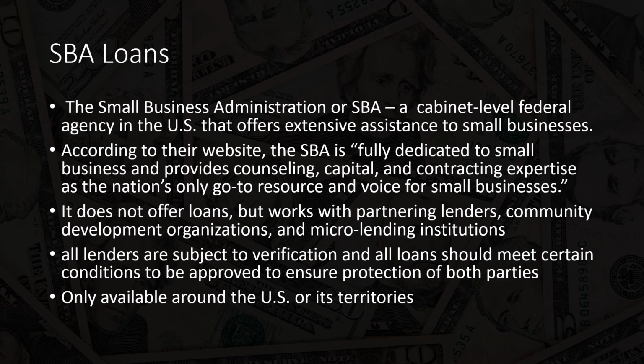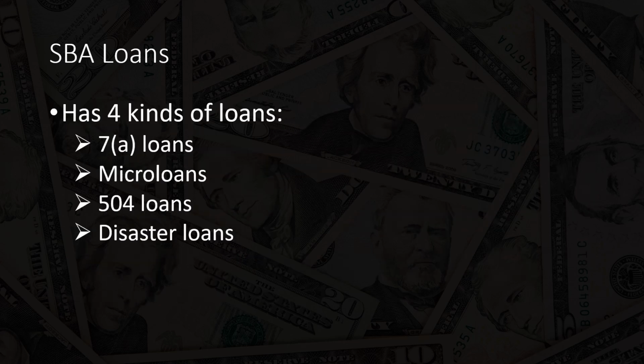SBA loans are only available to businesses around the U.S. or its territories that do not have any other means of securing startup capital. The SBA offers 4 kinds of loans: 7A loans, microloans, 504 loans, and disaster loans. Each of these loans has specific uses. When applying for one of them, you must state what you plan to do with the money.